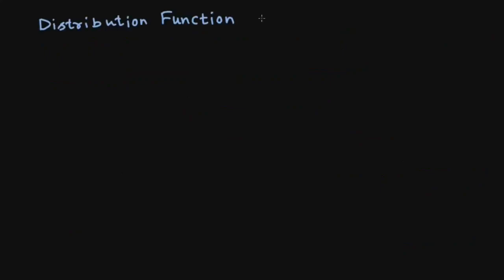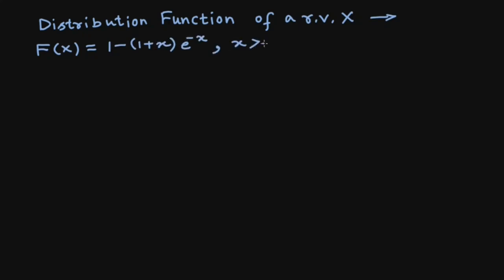The distribution function of a random variable x is given as capital F(x) equals 1 minus (1 plus x) into e raised to minus x, where x is non-negative. We have to find the mean and variance.